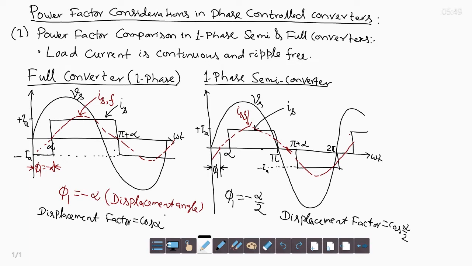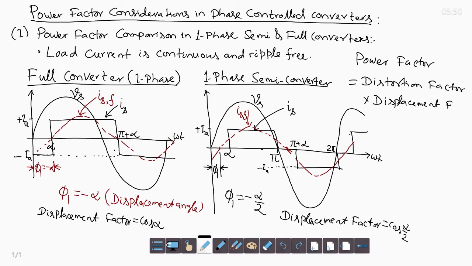You may recall the discussion on power factor in the previous class. The power factor is the product of distortion factor and displacement factor. In a single phase semi converter, the displacement factor is more compared to the single phase full converter, because the angle is alpha by 2.